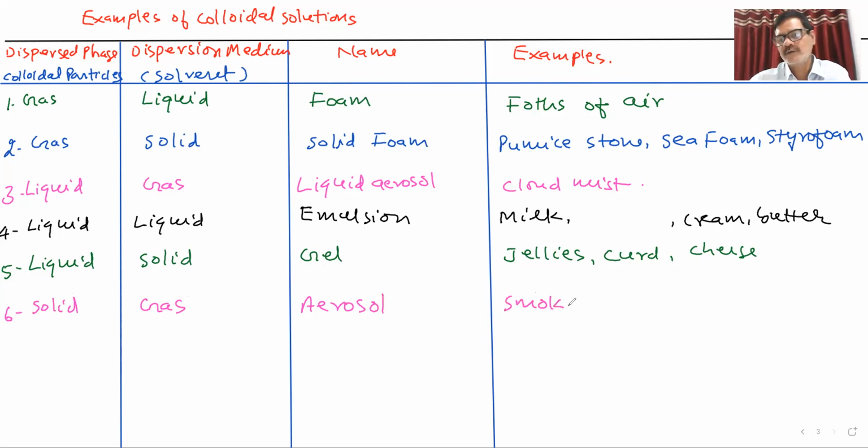Smoke, haze. Seventh one is solid in liquid. This is known as sol.